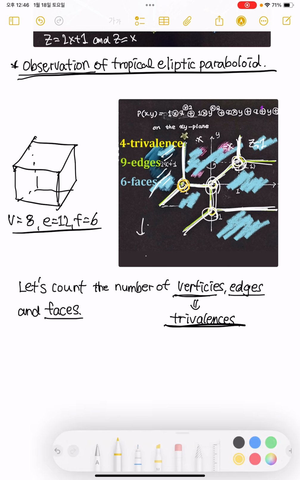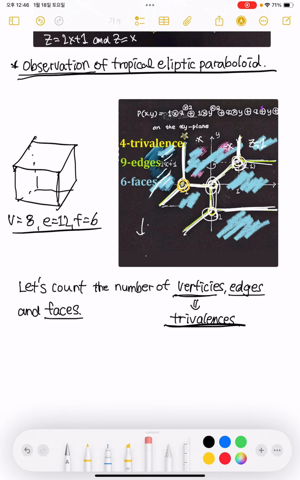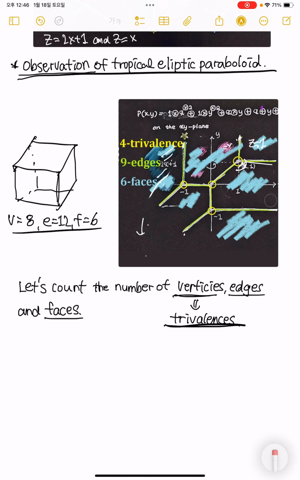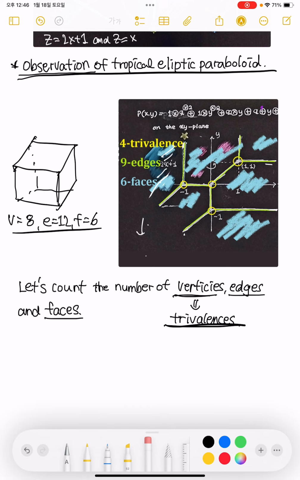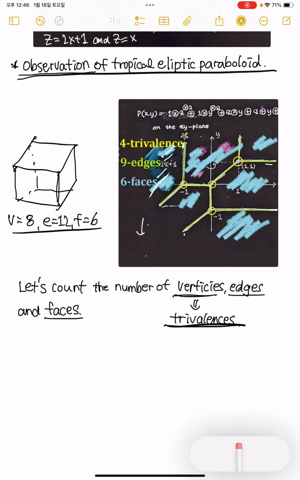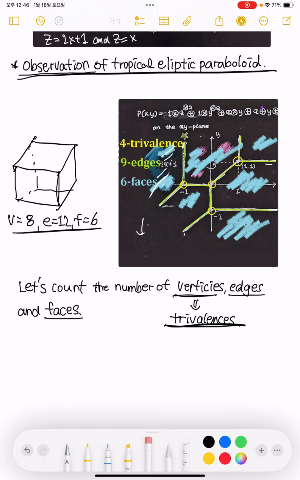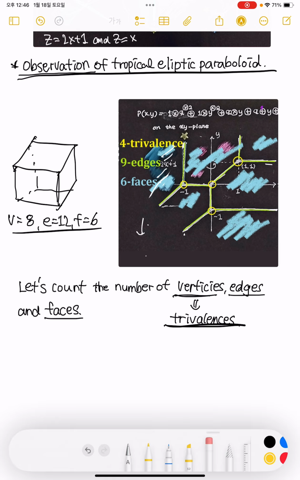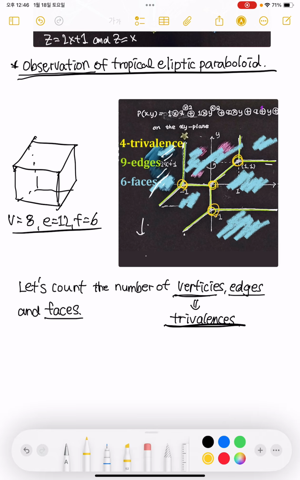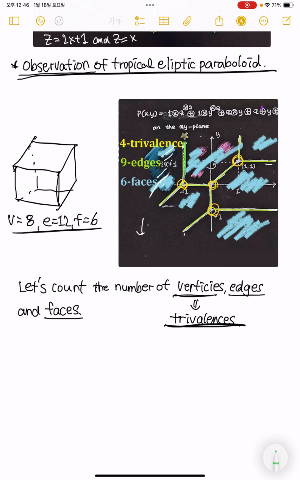As you know, there are four trivalents, and the number of edges is 9: 1, 2, 3, 4, 5, 6, 7, 8, 9.